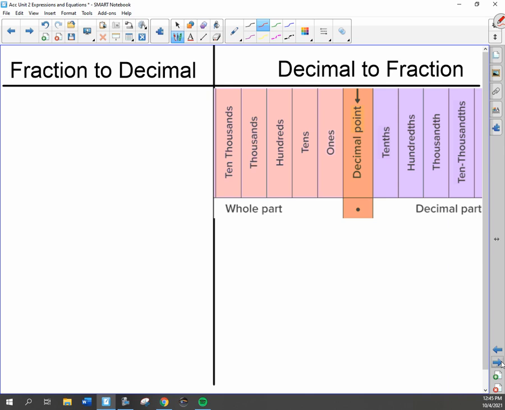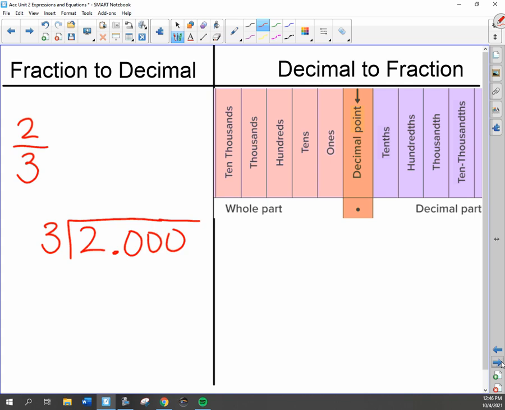So the very first thing is, if I give you a fraction, like let's say 2/3, and I want to change it to a decimal, as we just discussed, that's really a division problem. 2 divided by 3. So make the division problem. 2 goes in the box, 3 on the outside, add your decimal and 3 zeros, and then just divide.